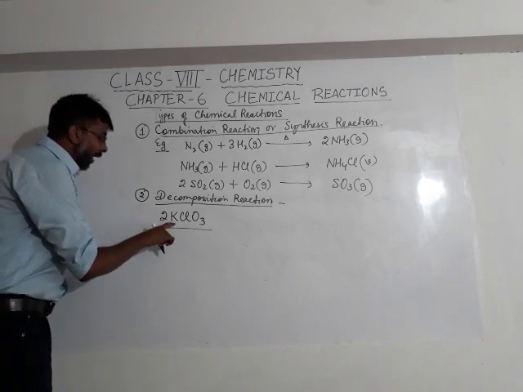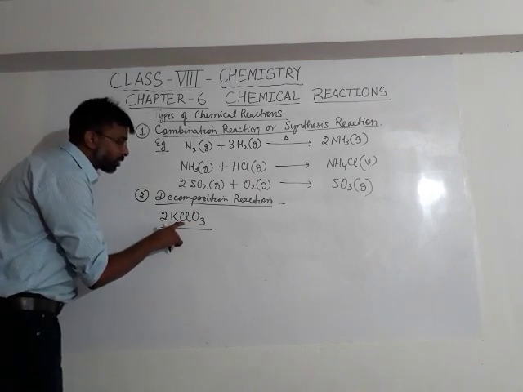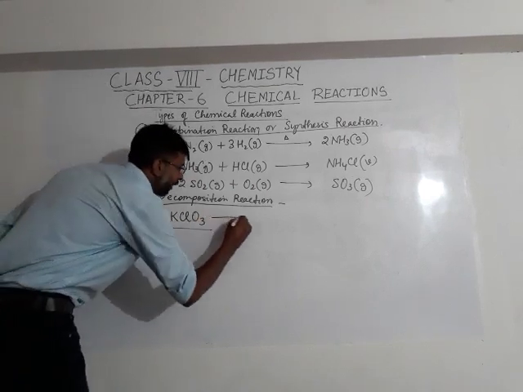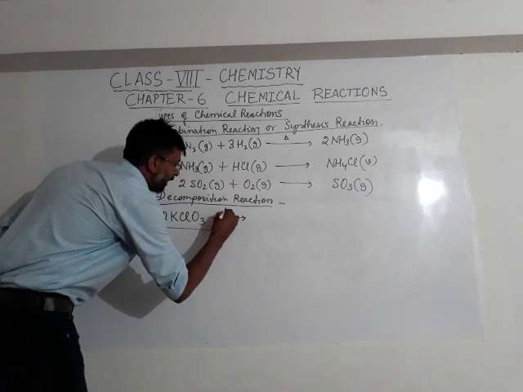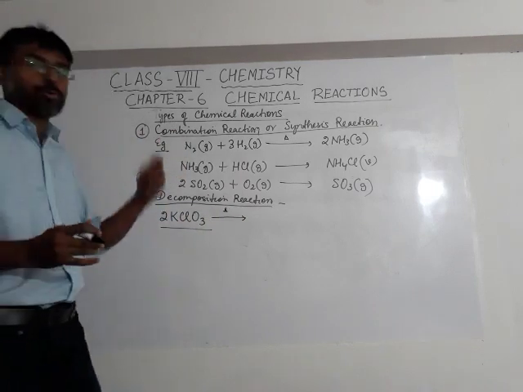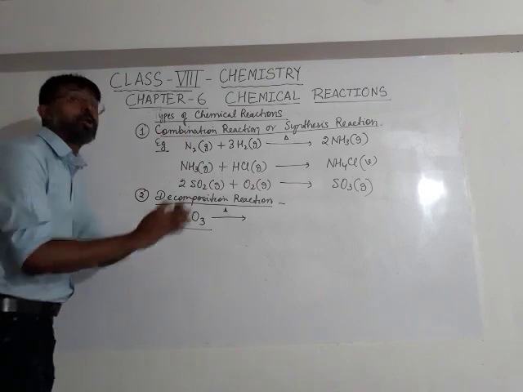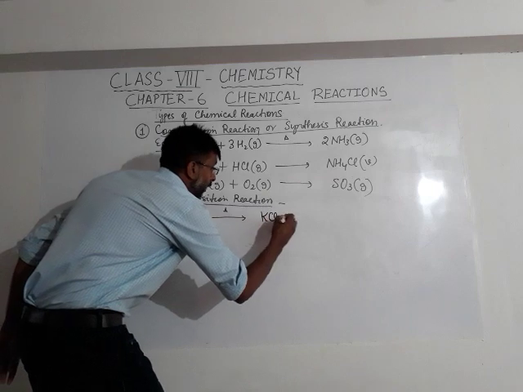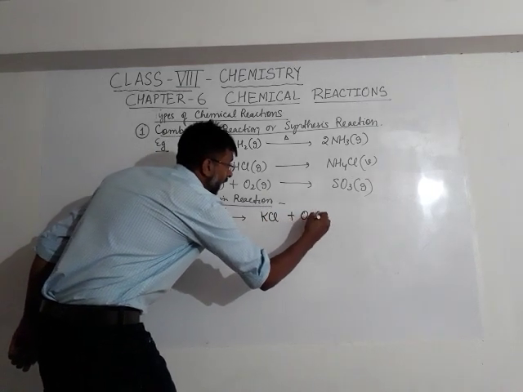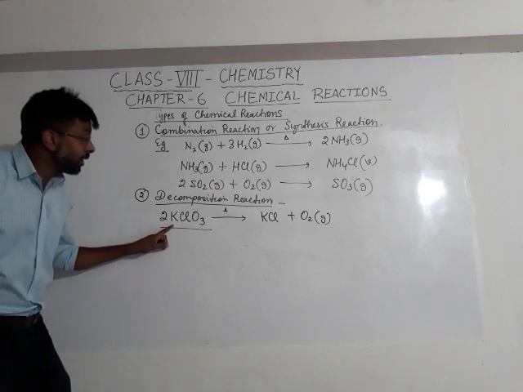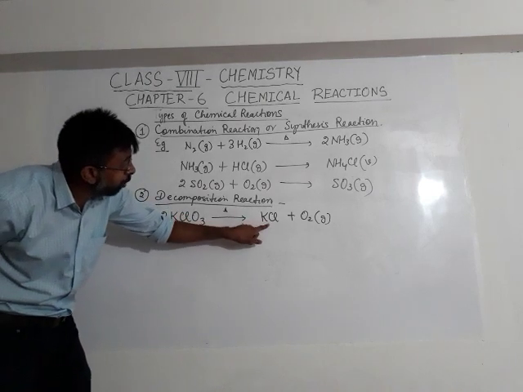So, 2KClO3 is called potassium chlorate. When potassium chlorate is subjected to high temperature, when I heat it to high temperature, then it will break down into potassium chloride and oxygen gas. See, a compound is breaking down into a simple compound and an element.